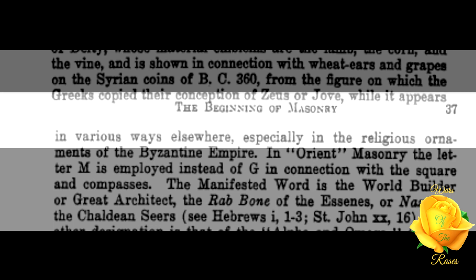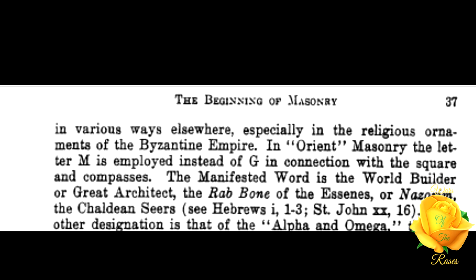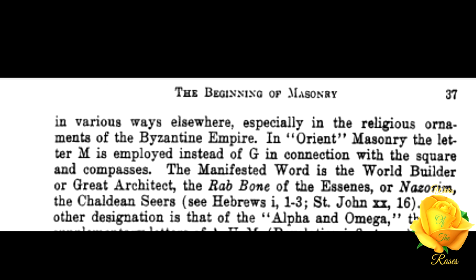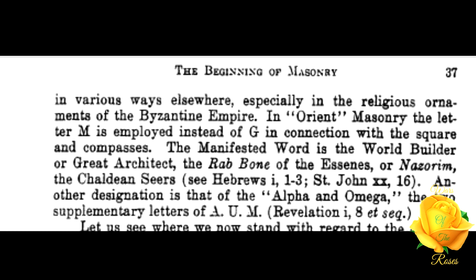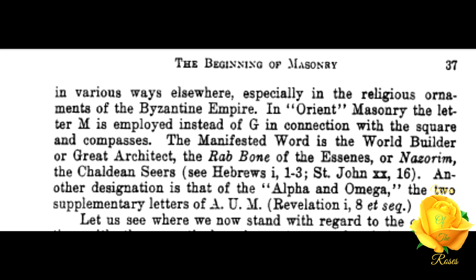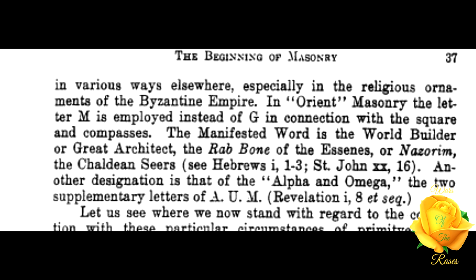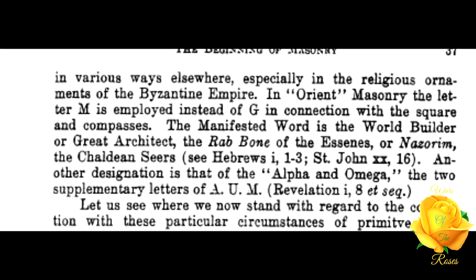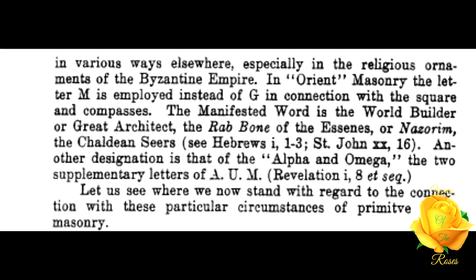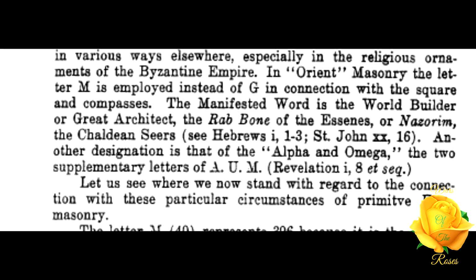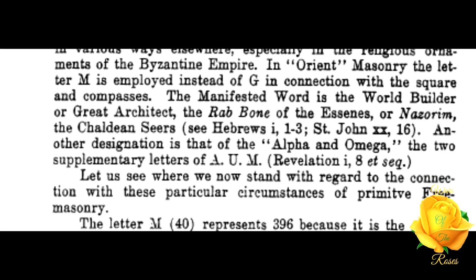While it appears in various ways elsewhere, especially in the religious ornaments of the Byzantine Empire, in Orient Masonry the letter M is employed instead of G in connection with the square and compass. The manifested word is the world builder or great architect, the Rabboni of the Essenes or Nazarim, the Chaldean seers.